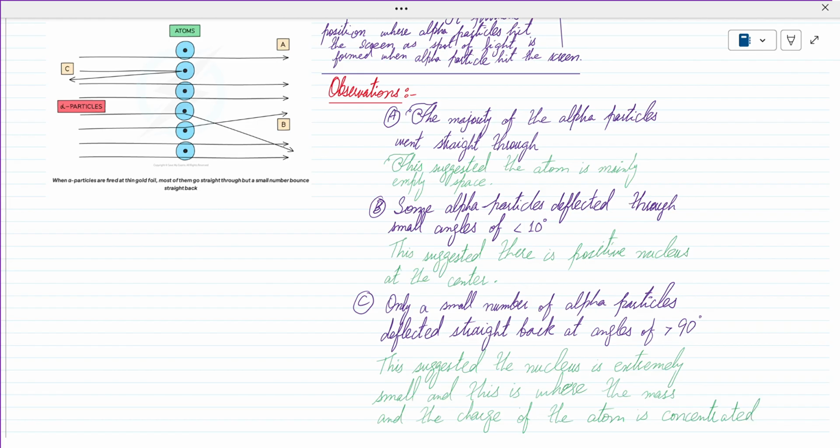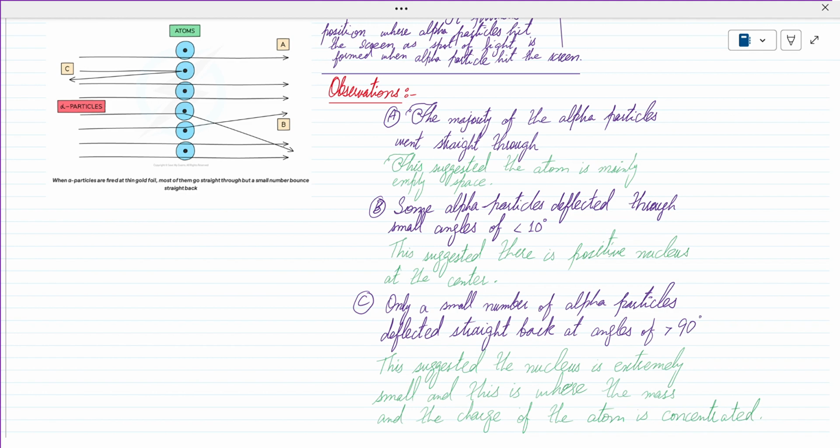So it shows that the nucleus is very small, but all the mass of the atom is concentrated in it, and its volume is very small. So it means it's a very dense particle.